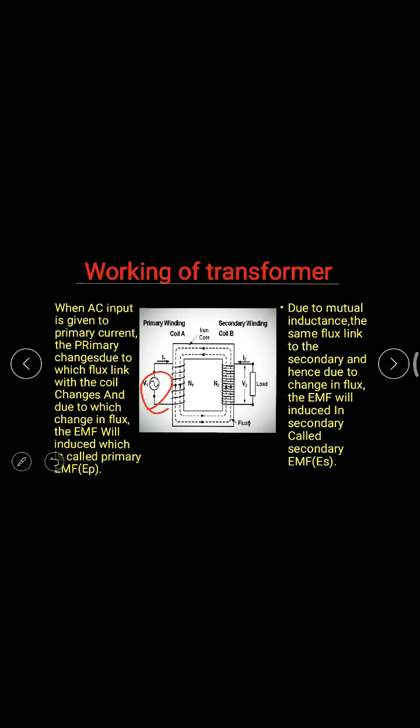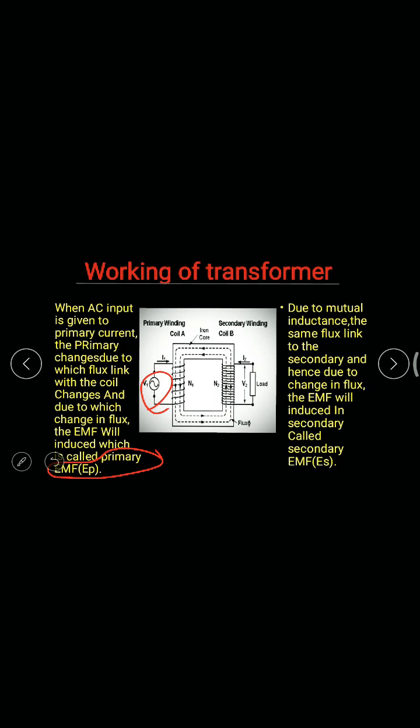Hence, the number of field lines will also change, and as the number of field lines change, the magnetic flux will also change, and this will lead to the electromotive force induced. That is known as primary EMF, primary electromotive force, that is denoted by EP.